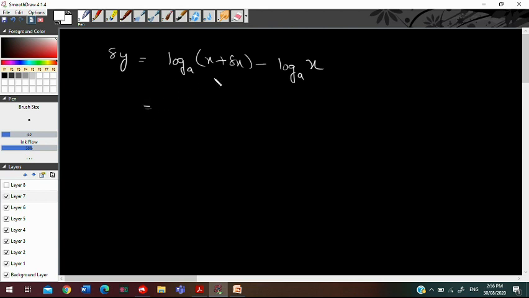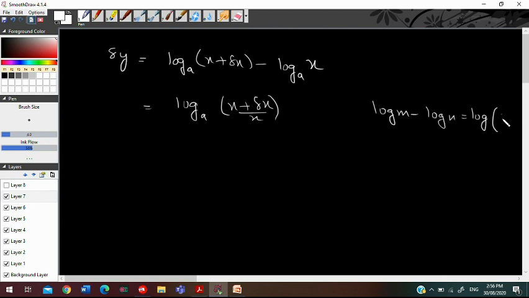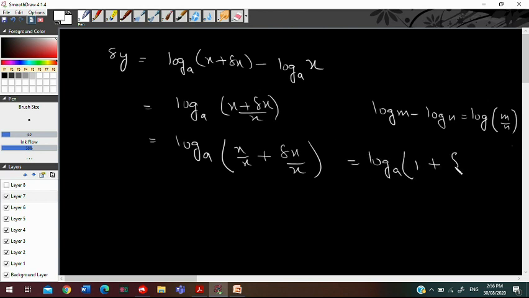Now this is the property of log, that whenever we have log of m minus log of n, we can write it as log of m divided by n. By using this property, we can write log base a of x plus delta x divided by x, and when we simplify it, we obtain 1 plus delta x divided by x.